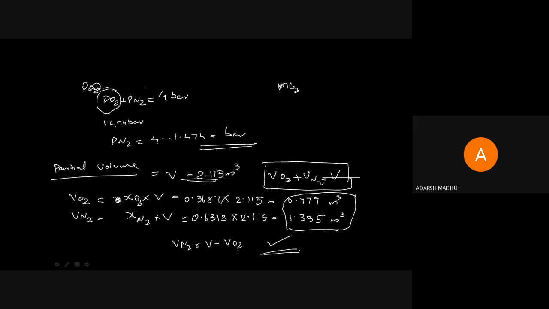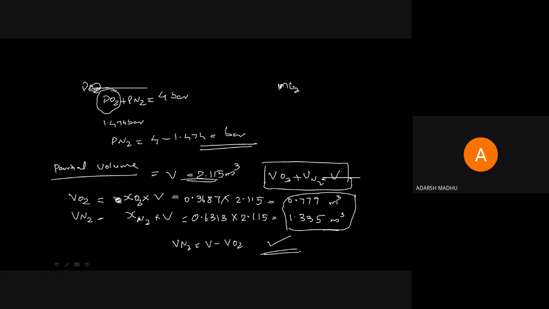That's all for this session. So today we completed a problem using three or four relations. The first one was total number of moles equal to small m by capital M. We used PV equal to nRT here, and PV equal to mRT here.